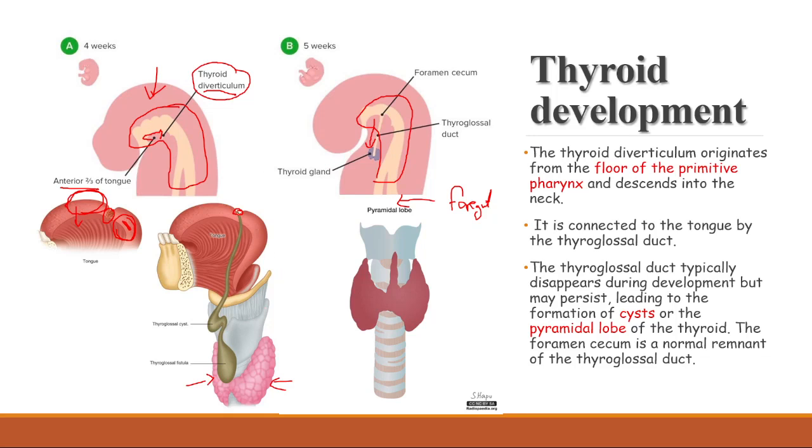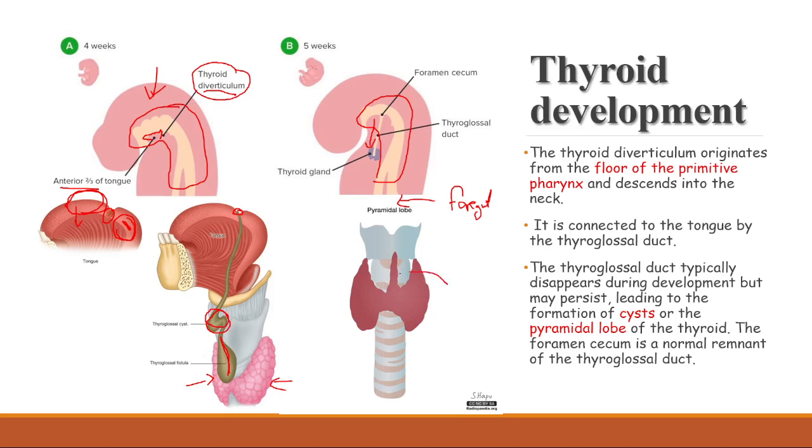And this channel right here is supposed to be obliterated. So you're supposed not to have this channel right here. But if it remained, right, you could have a cyst that's going to be filled with fluid. Or these cells are going to develop into another thyroid tissue as well, another lobe.